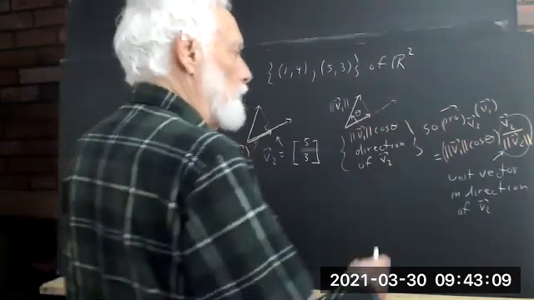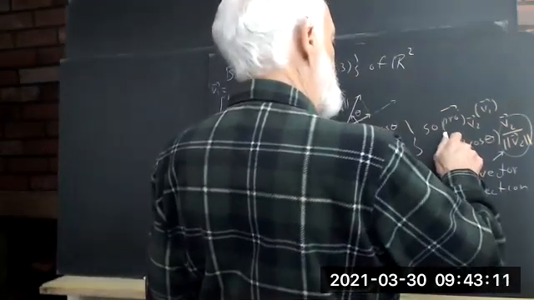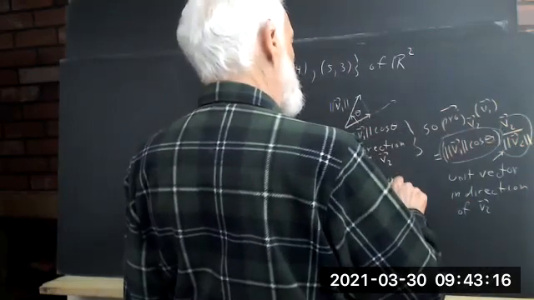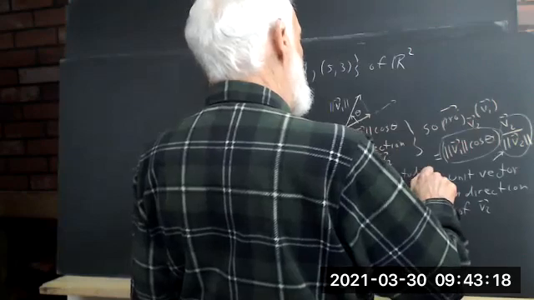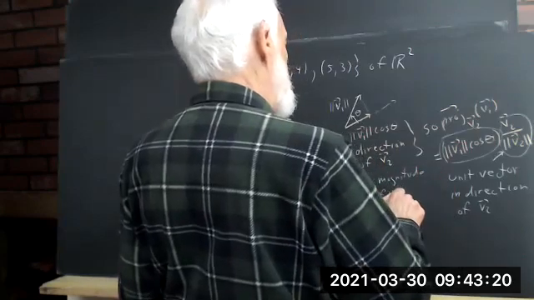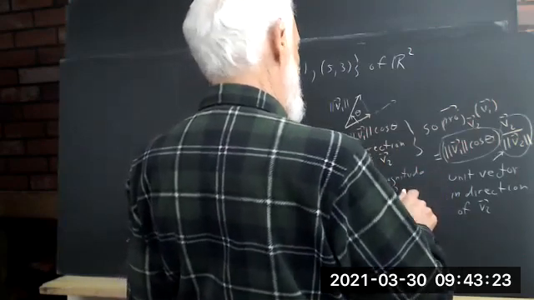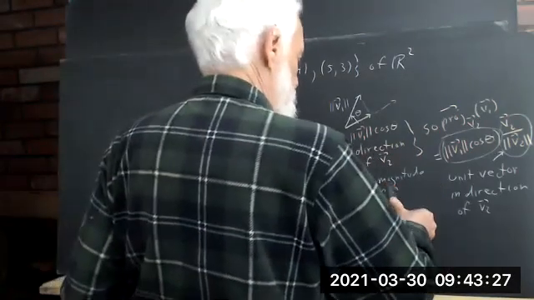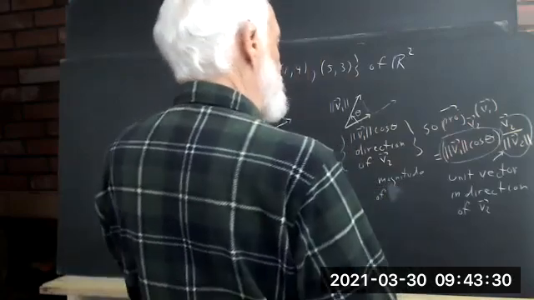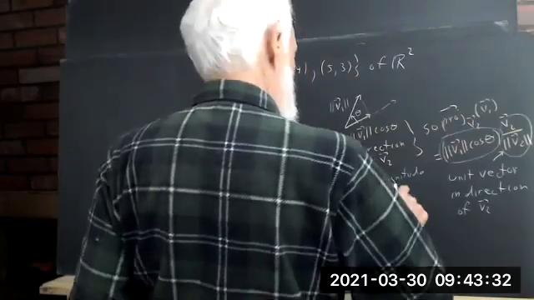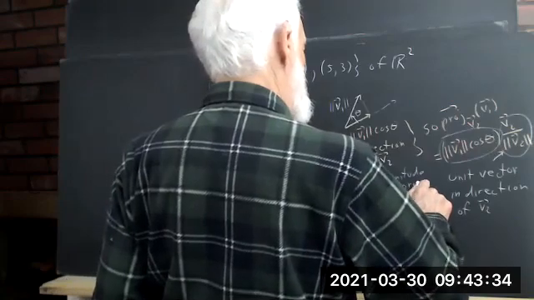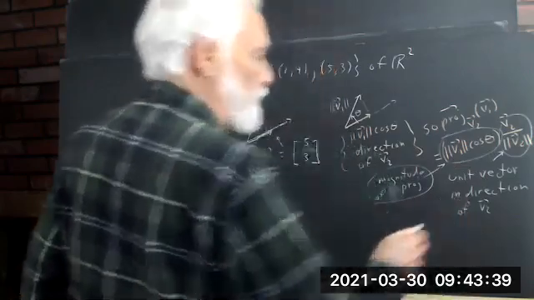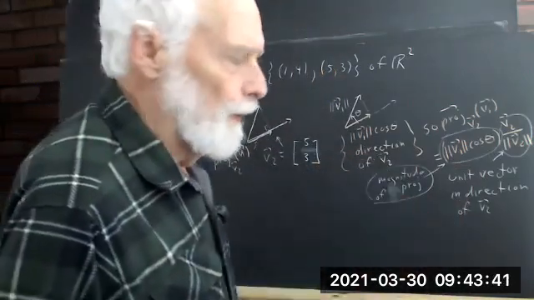So all we're doing then is multiplying the magnitude of the projection, sorry, magnitude of projection times a unit vector in the direction of the projection.